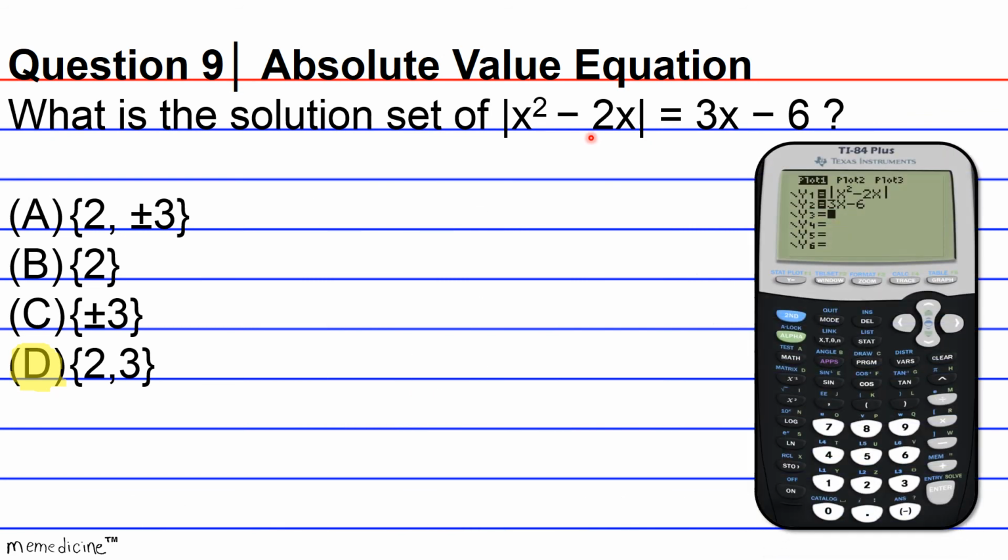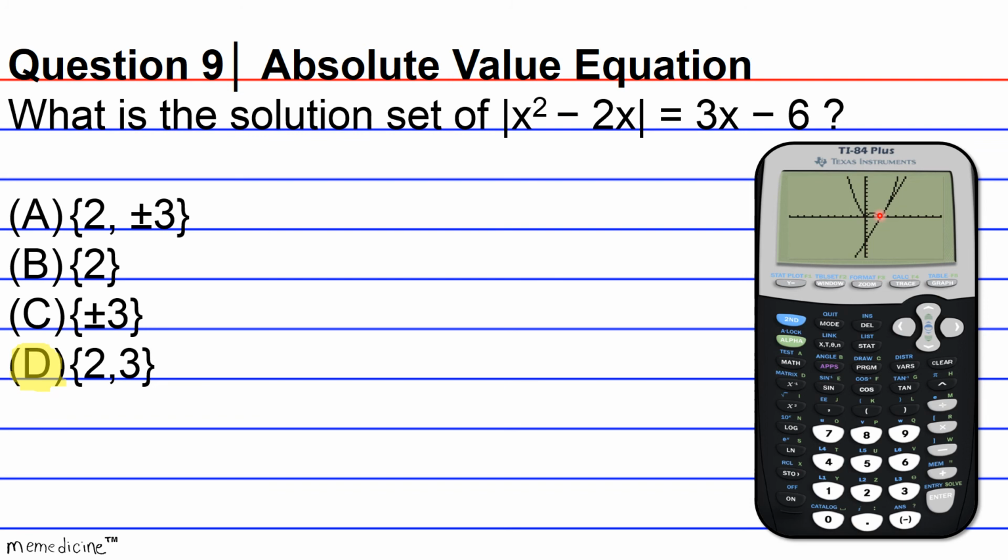And we would input each side of the equation into our graphing calculator as separate equations, and then find out where they intersect. But this doesn't yield an easy to read graph. It's a little confusing.